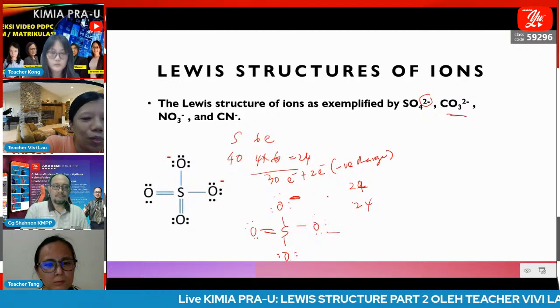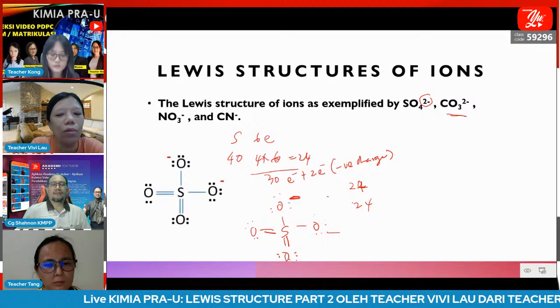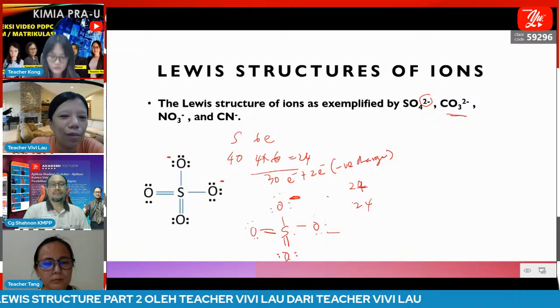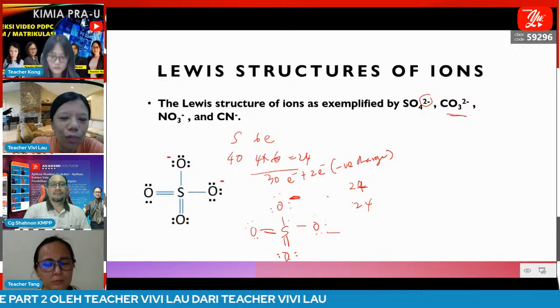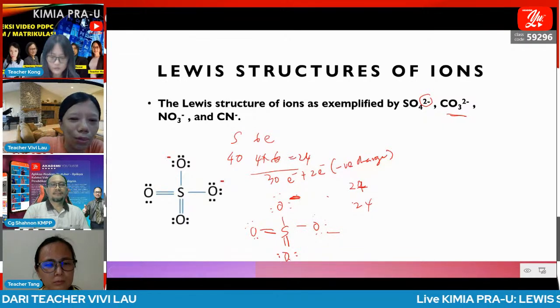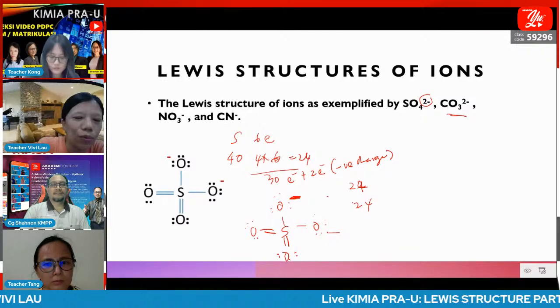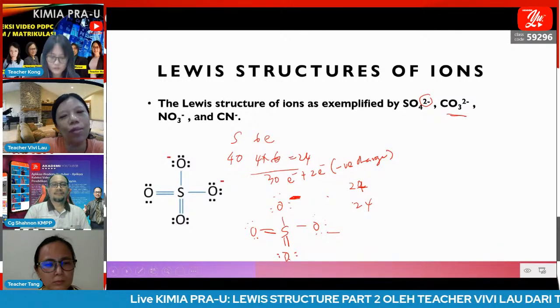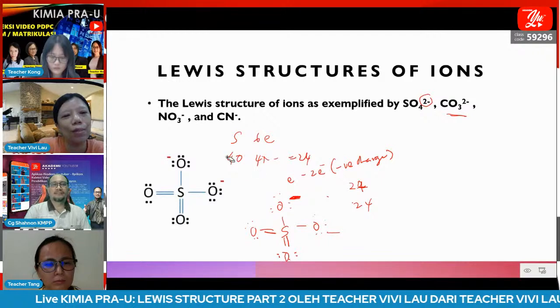So the base structure is we have a lone pair of electrons go inside as a double bond because sulfur can expand octet. So you have 2 double bonds and 2 single bonds. Later we will discuss why we must have double bonds. You have to use formal charge to explain.